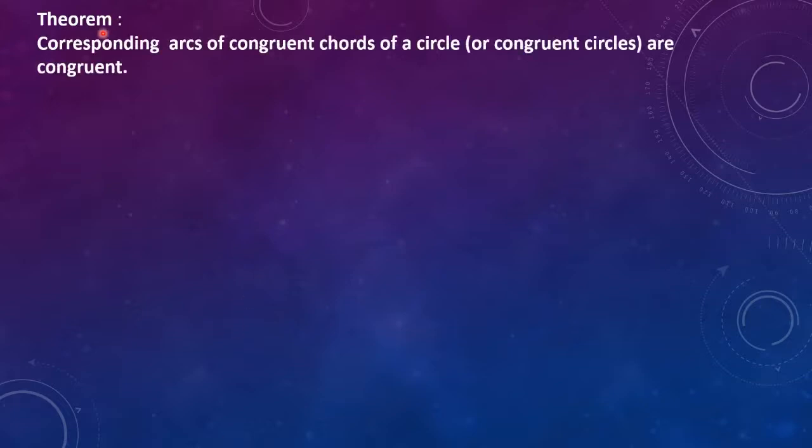The next theorem is a converse of the previous theorem. It states that corresponding arcs of congruent chords of a circle or congruent circles are congruent. Let us understand the statement.